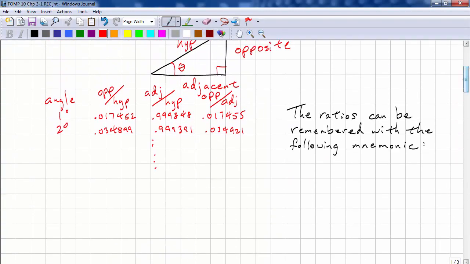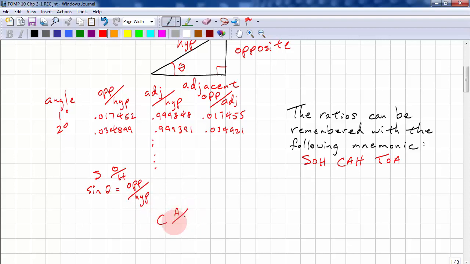Now, we use a mnemonic to remember what the ratios mean. So we have SOH CAH TOA. Okay, so sine theta is opposite over hypotenuse.